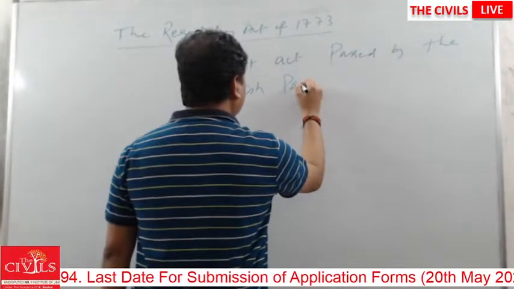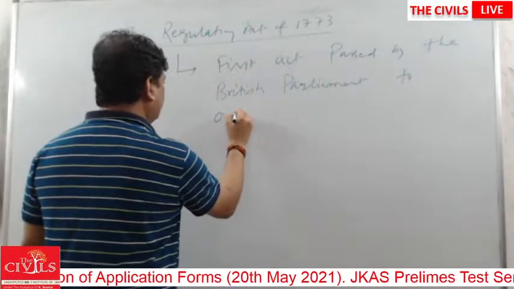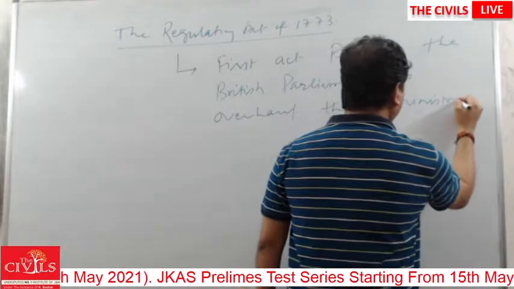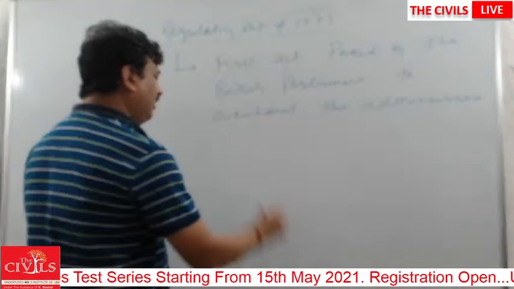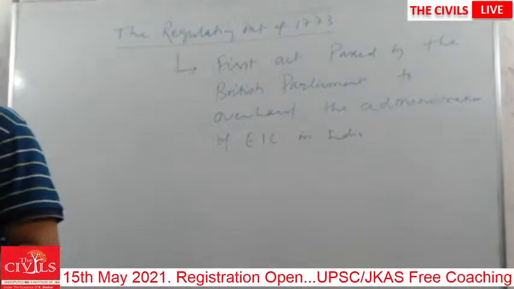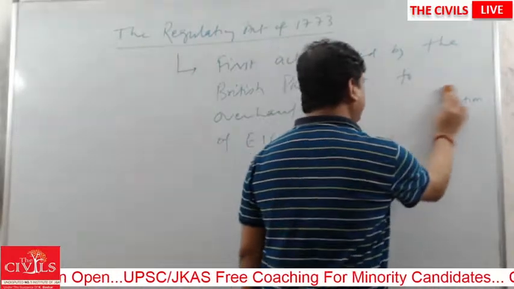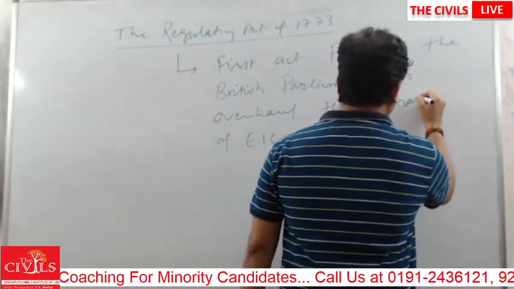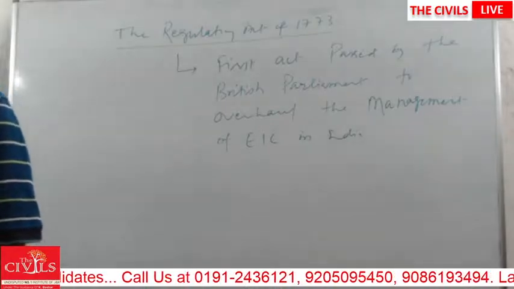This was the first act passed by the British Parliament to regulate the administration, the overall management of the East India Company's rule in India.